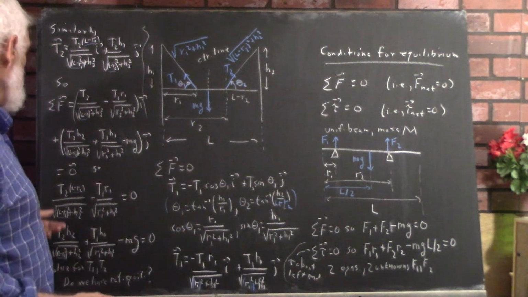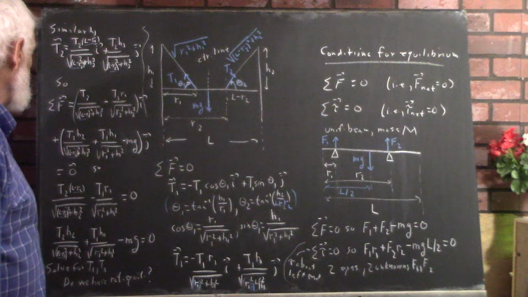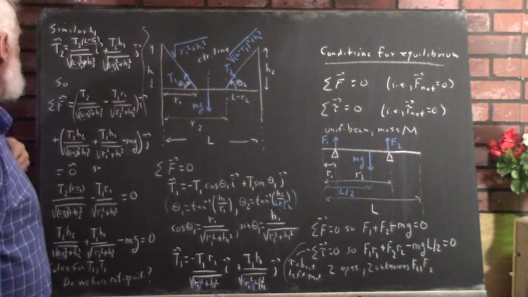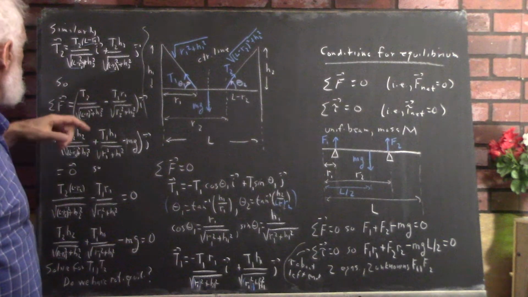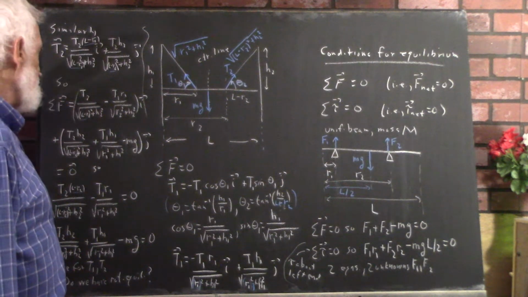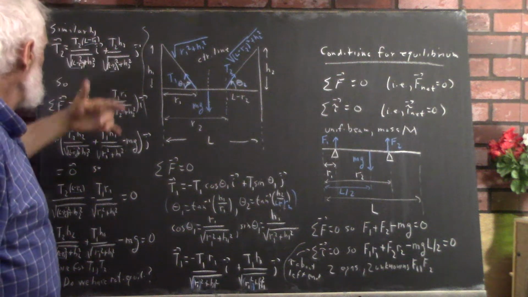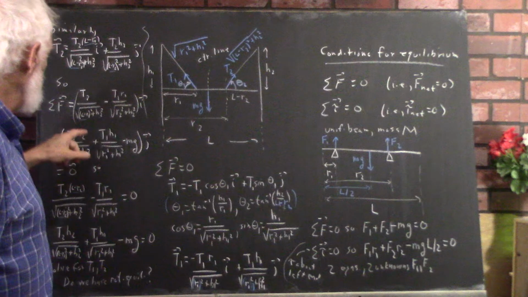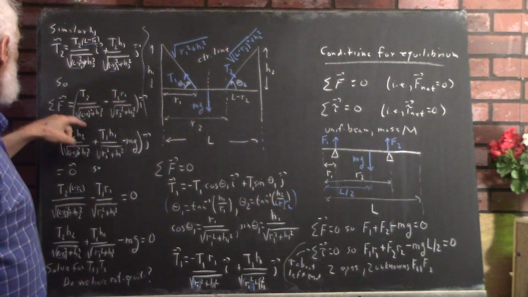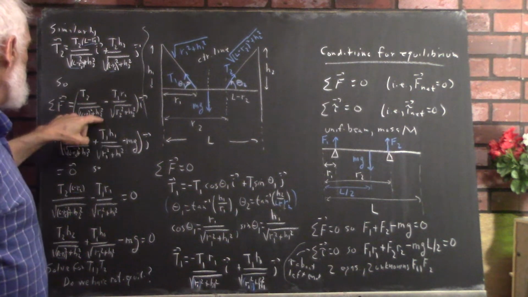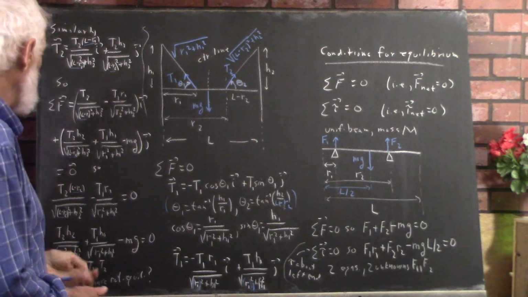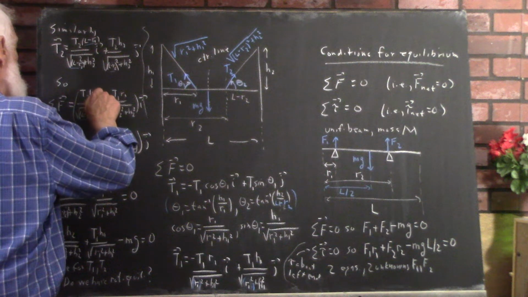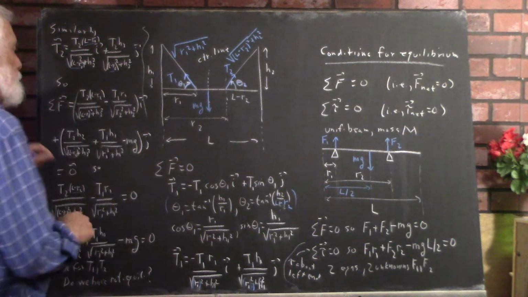So you might not be able to read it, but that's what it is. Okay, well, it follows then that the sum of all the forces is going to be the T2 vector plus the T1 vector. The T2 vector has an I component of T2 times L minus R2 over the hypotenuse, and I left off the L minus R2.